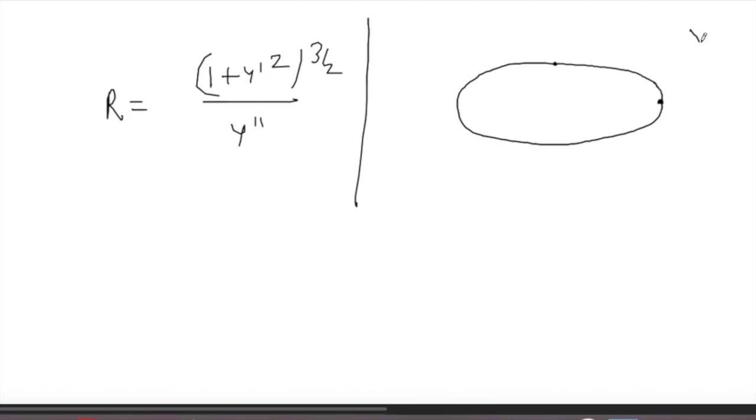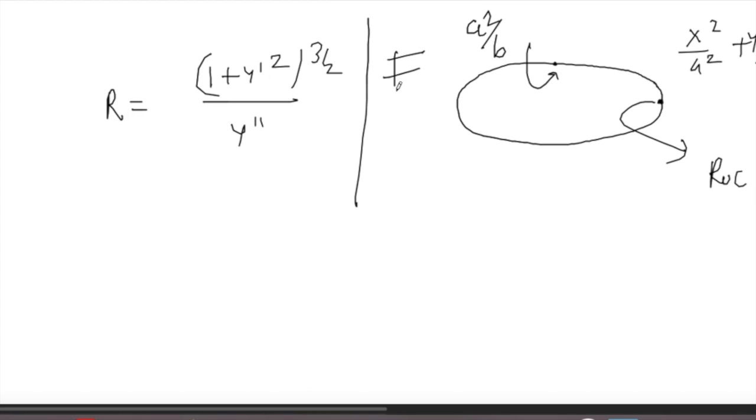So if the equation of ellipse is x square upon a square plus y square divided by b square is equal to 1, then you should check the radius of curvature at this point is b square divided by a, and radius of curvature at this point is a square divided by b, and you can use it directly. So you should definitely try, and let me know if you have any issue. I'll explain you. Okay, so in many cases you can calculate radius of curvature by using this formula.